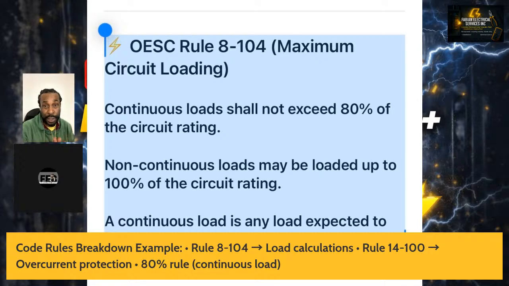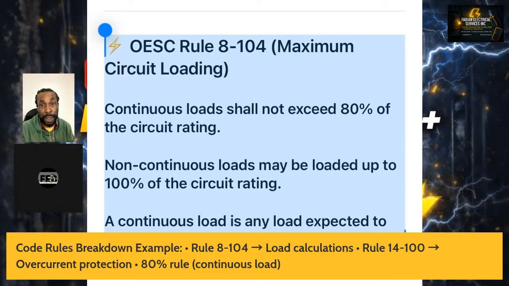This is right out of Code Rule 8-104, and it simply says maximum circuit loading. Continuous loads shall not exceed 80% of the circuit rating. Non-continuous loads may be loaded up to 100% of the circuit rating.